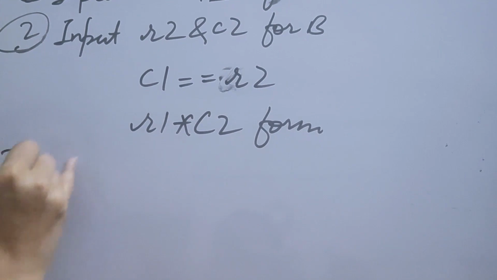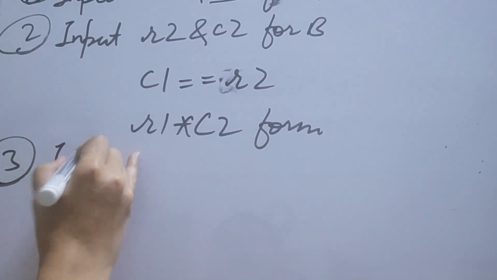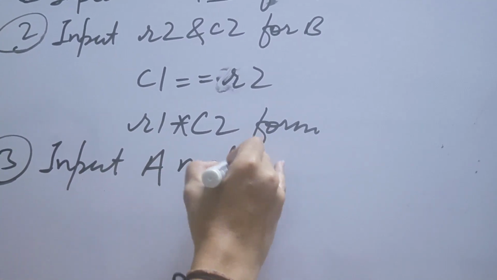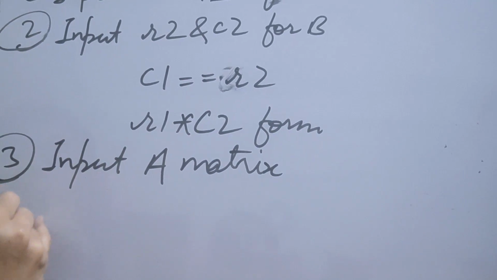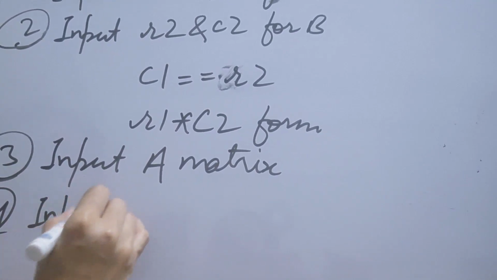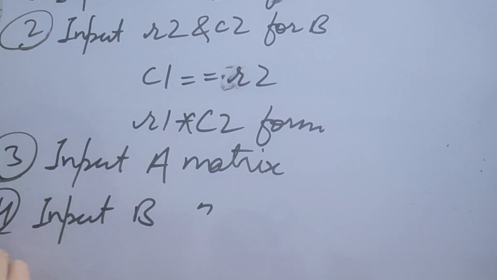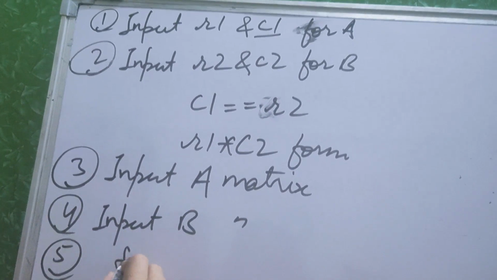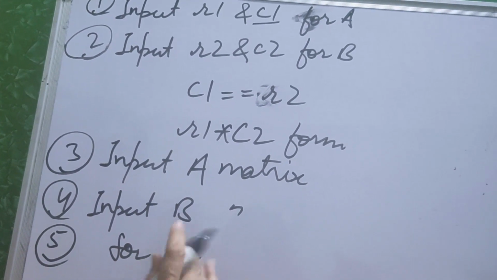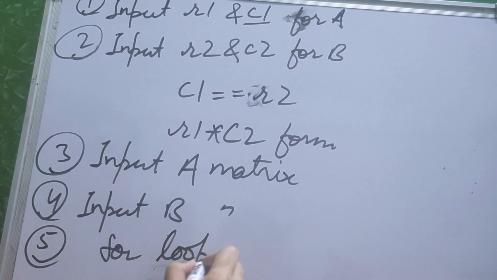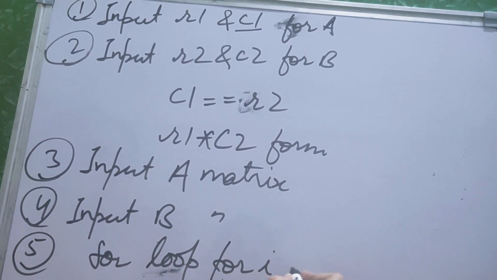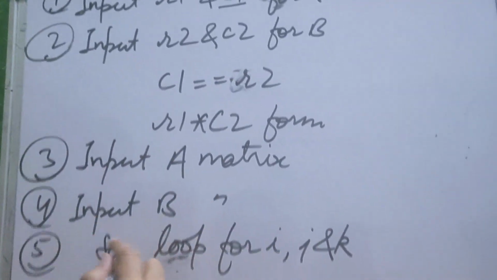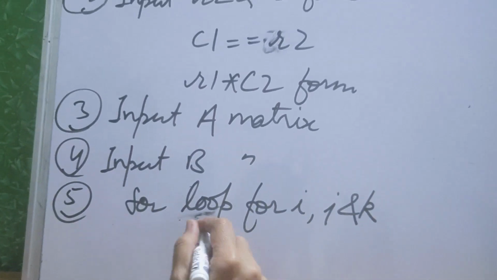Then next, third, input A matrix as earlier we have done, then input B matrix as earlier we have completed it. Then next, for loop for I, J and K, and then what will we write?